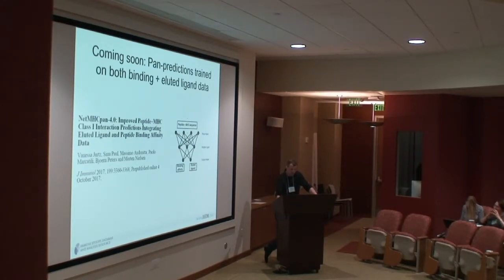But here, training together with binding data and eluted ligand data, and essentially having a shared set of hidden layers in your neural network that learn the peptide-MHC interaction patterns, training through two different output nodes with your different combined data sets. We could show that this works better than training with either one alone.